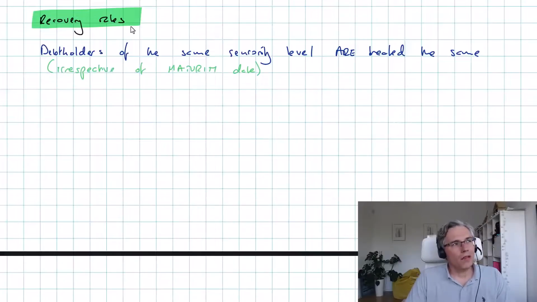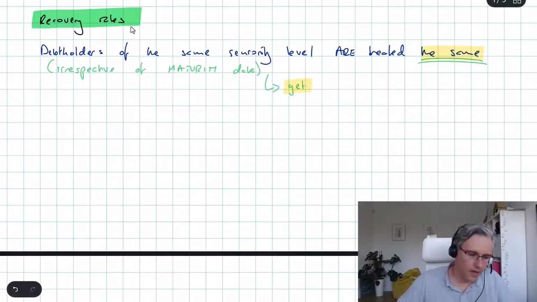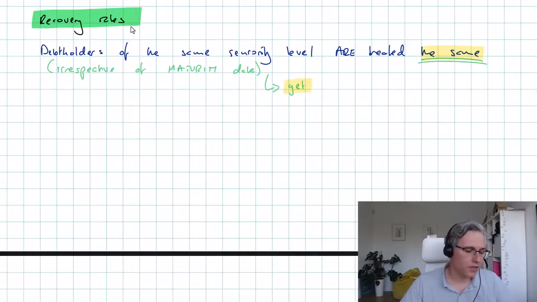So if somebody holds debt which still has 20 years to maturity and somebody else holds debt which only has 3 years to maturity, that maturity date doesn't matter. If default happens and they rank the same in terms of seniority, for example, senior unsecured, they will be treated the same, which actually implies that they get the same pro rata share of any cash flows that result from the sale of the residual assets.